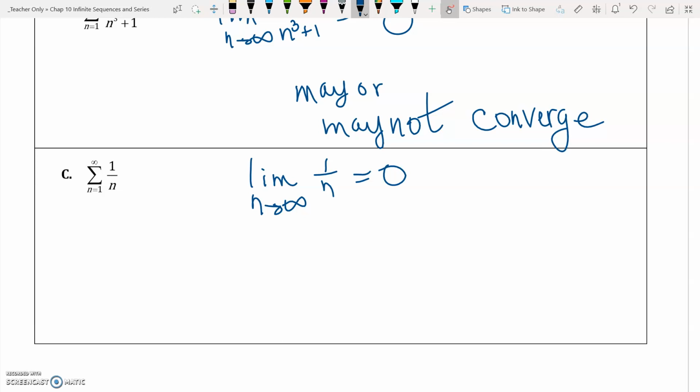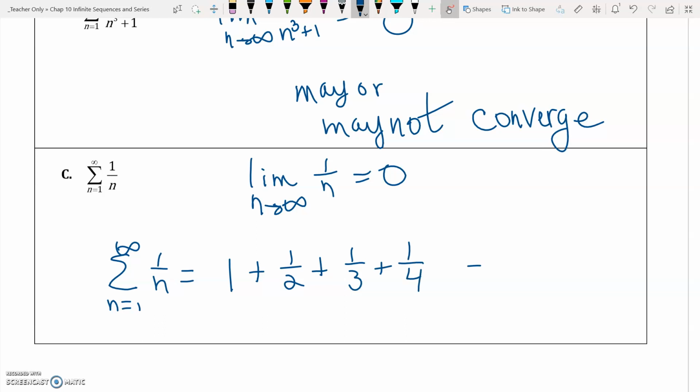If we write out all the terms of this series, we have 1 plus a half plus a third plus a fourth. Is the limit of this going to equal some specific number? This is not converging.